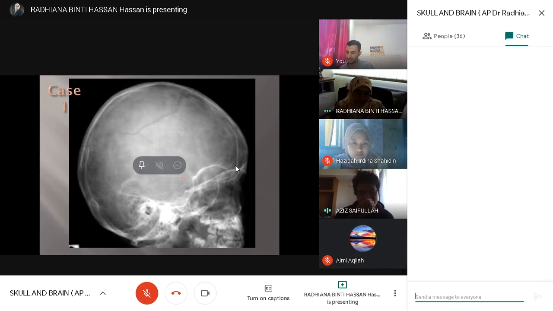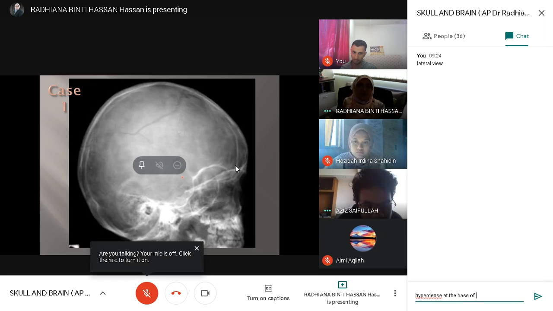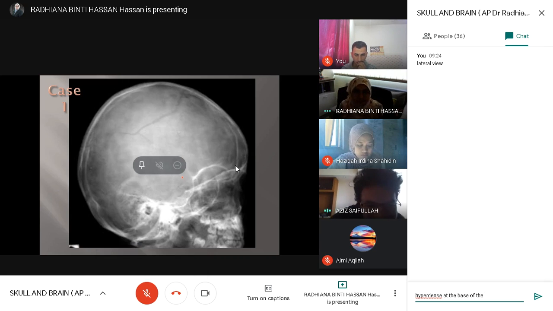Okay. It's a lateral view of the skull, and there's a linear line at the... Is that a suture or a fracture?